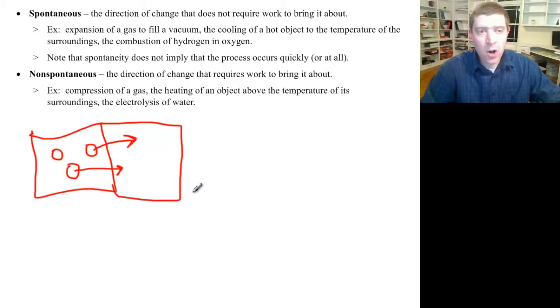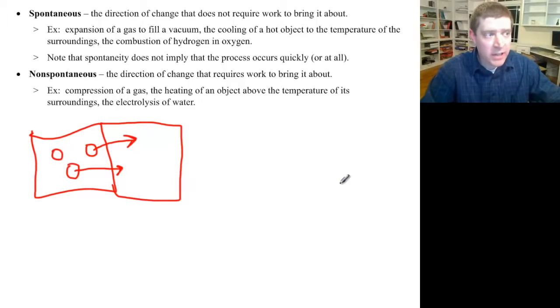If we want to get all of those gas molecules back from the right side onto the left, we're going to have to do some work. We're going to have to move those gas molecules. And so this is a non-spontaneous process. We're going to have to put in energy to get this process to occur.